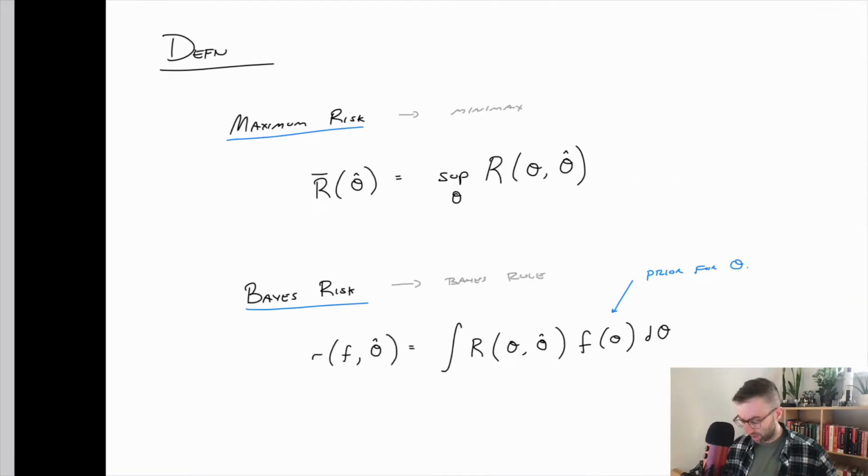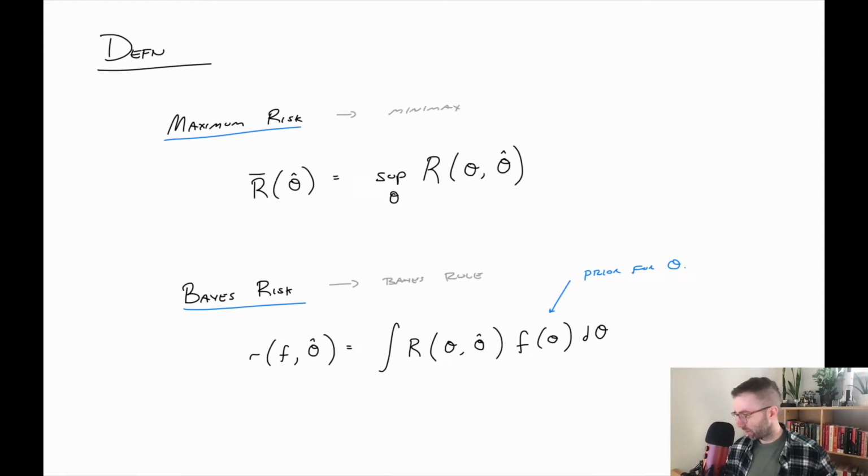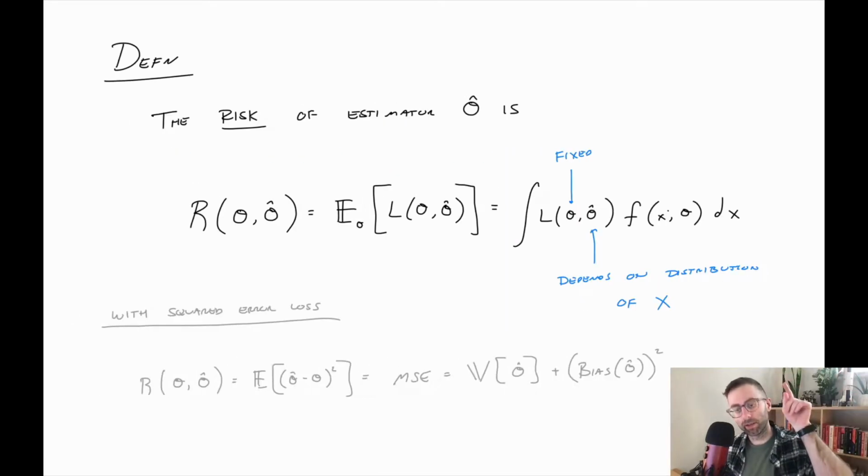Okay, cool. Something you might not realize yet, but I'll make it clear in a couple slides, is that this risk is in some ways a function of theta. Because in practice we wouldn't know theta ahead of time, oftentimes we want to consider the risk for all potential values of theta.